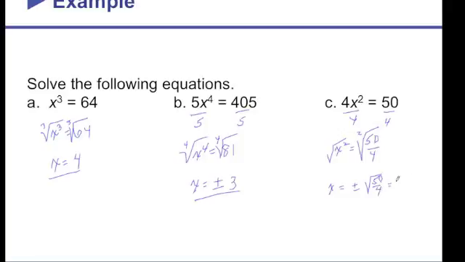Now we can break that into the square root of 50 over the square root of 4. So x will equal plus or minus, now 50 is 25 times 2, so 5 times the square root of 2 over the square root of 4, which is 2. So this would be the solution.